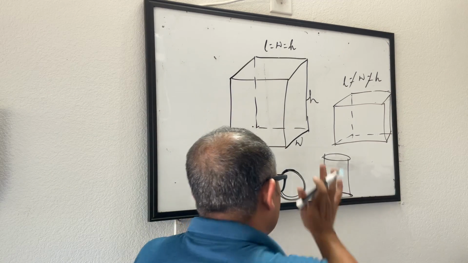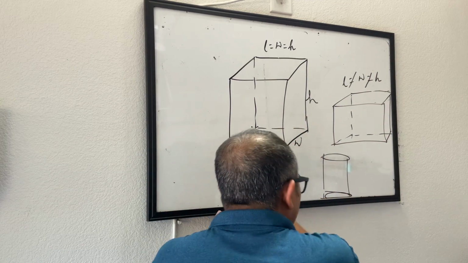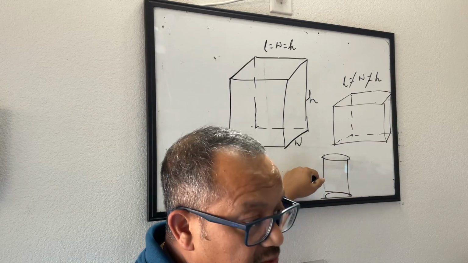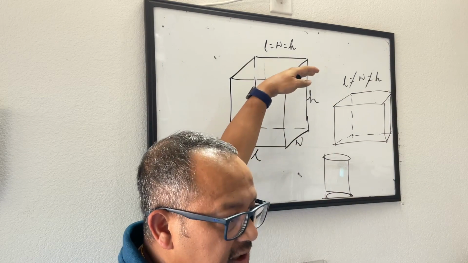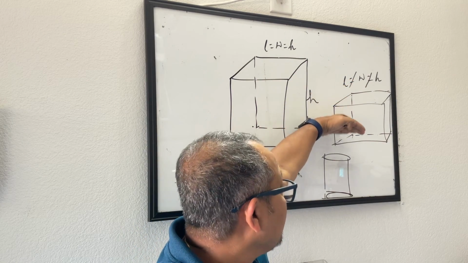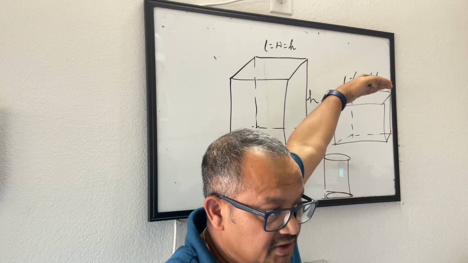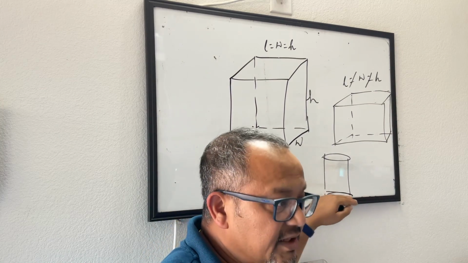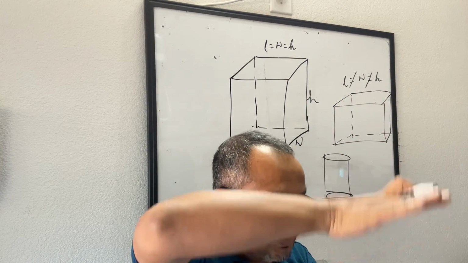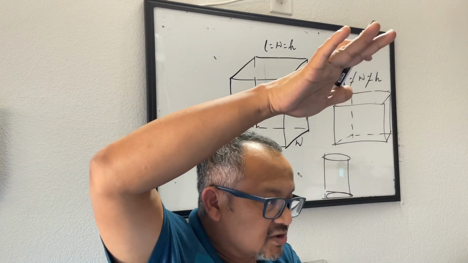So what I was trying to emphasize so far was that if you're looking at a cube, you're talking about a square as a base, adding height to it. If you're looking at a cuboid, you're looking at a rectangle as a base, adding height to it. If you're looking at a right cylinder, you're looking at a circle as a base and then adding height to it. Meaning, symmetric shapes, one after another, stacked on top.